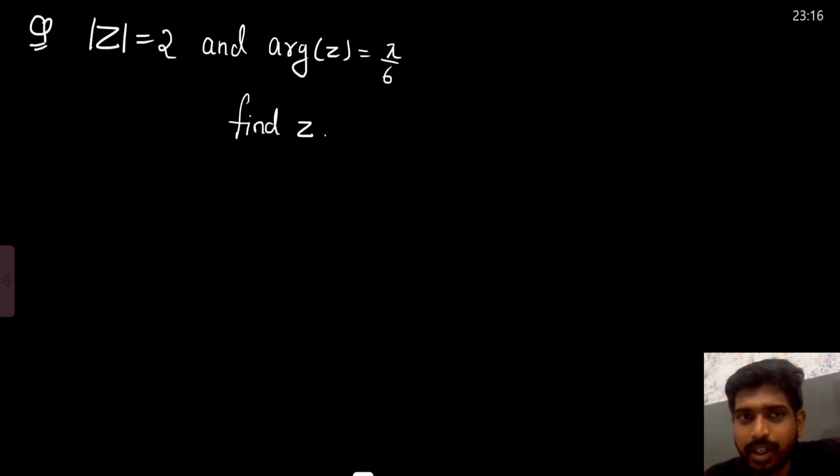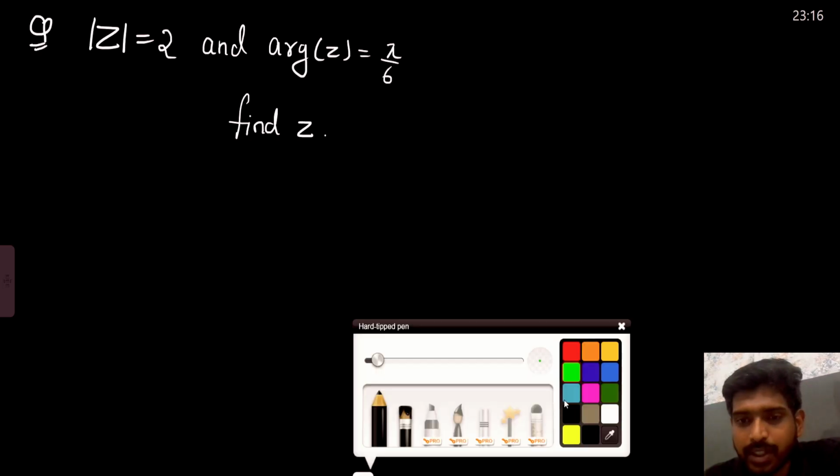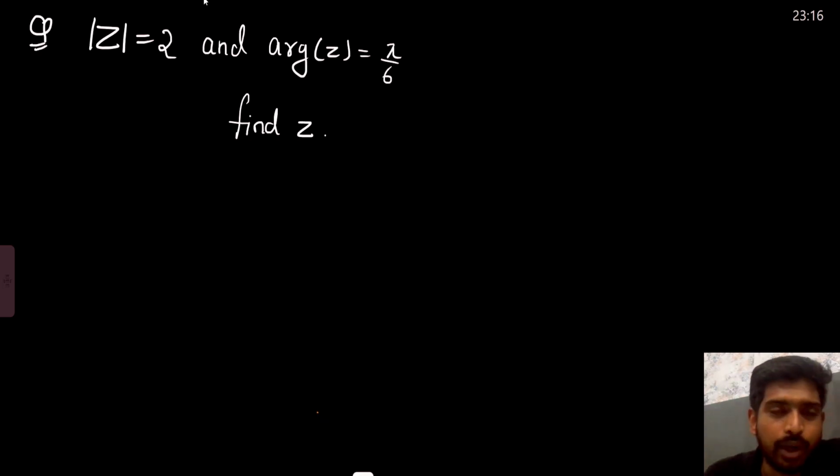Got it? Now next, see here they have given both things. The modulus of z they have given 2, and the argument of z they have given pi by 6. Both conditions have to be satisfied, so we will take the intersection.